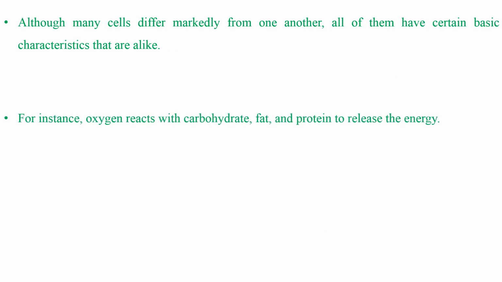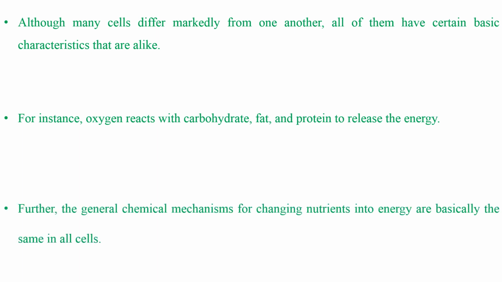Although many cells differ from one another, all of them have certain basic characteristics that are alike. For example, oxygen reacts with carbohydrate, fat, and protein to release energy in all types of cells. Further, the general chemical mechanisms for changing nutrients into energy are basically the same in all cells.